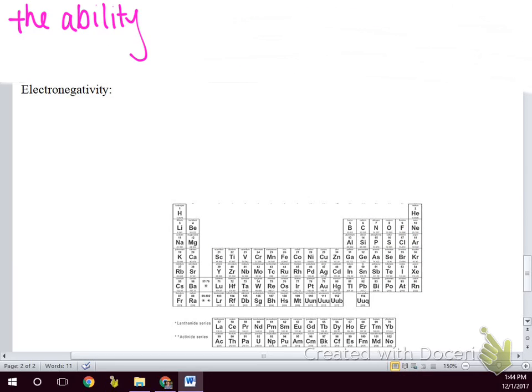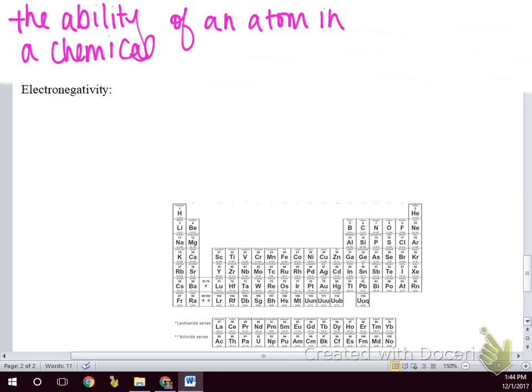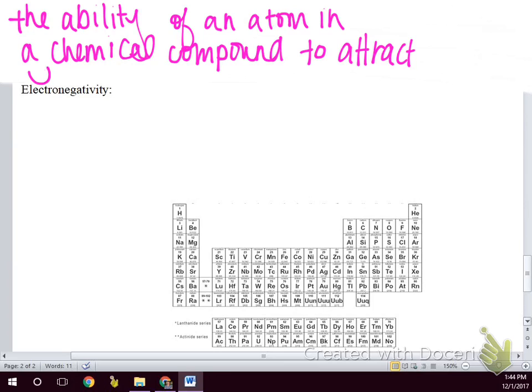Okay, and electronegativity is the ability of an atom in a chemical compound to attract electrons from another atom in that compound.